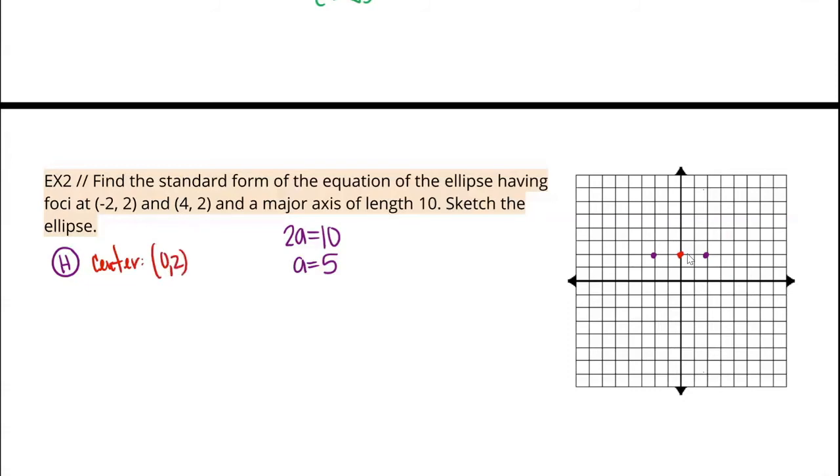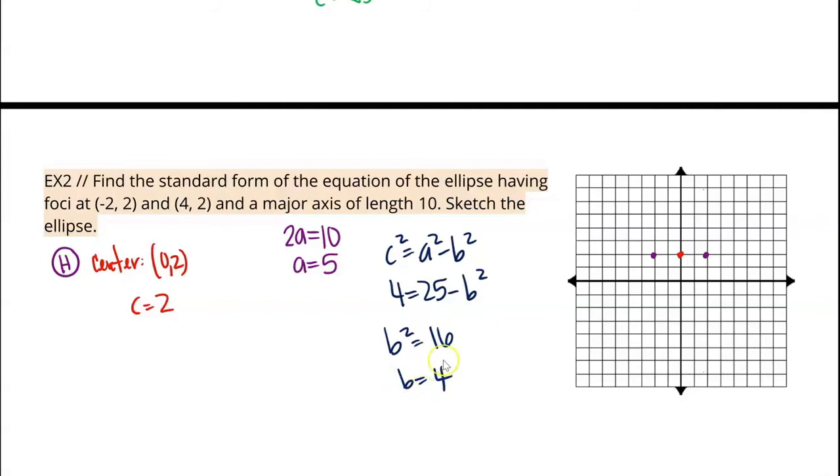And that also gives me my c value. The foci are each 2 units away from the center. So that's going to be c, and I can figure out what the b value is. So c squared equals a squared minus b squared. So this is 4 equals 25 minus something. And my b squared is going to come out to be 16.